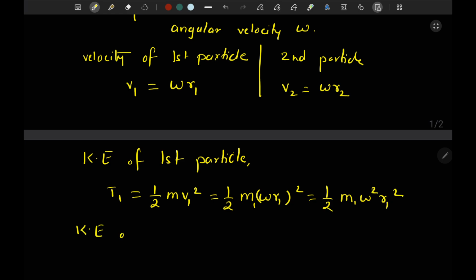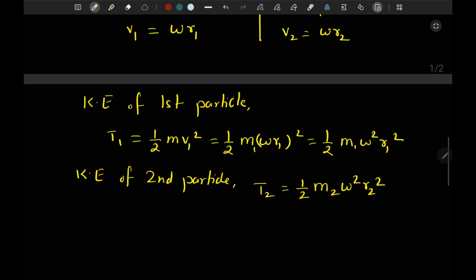Similarly, kinetic energy of second particle T2 is equal to 1 by 2 m2 omega square r2 square.